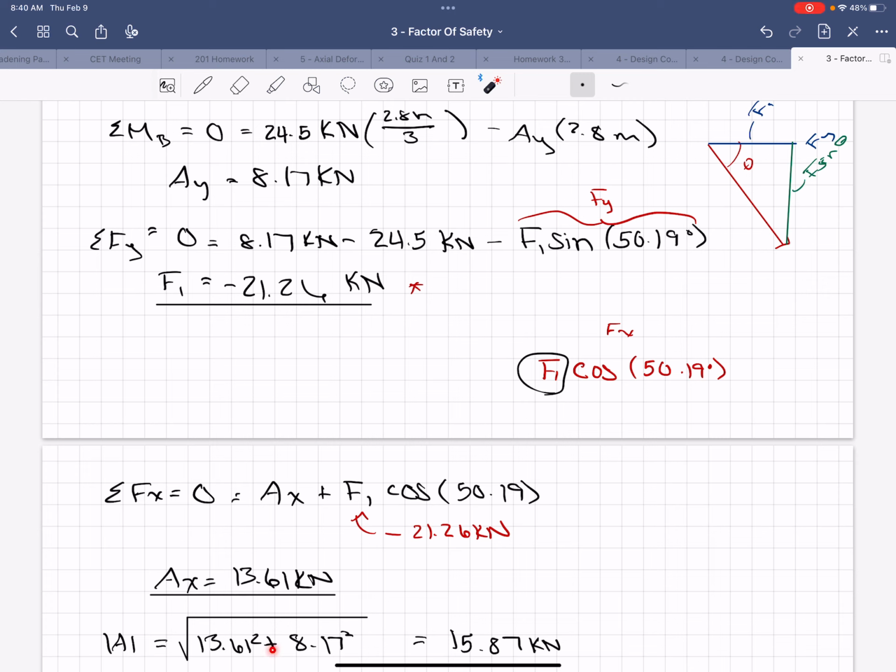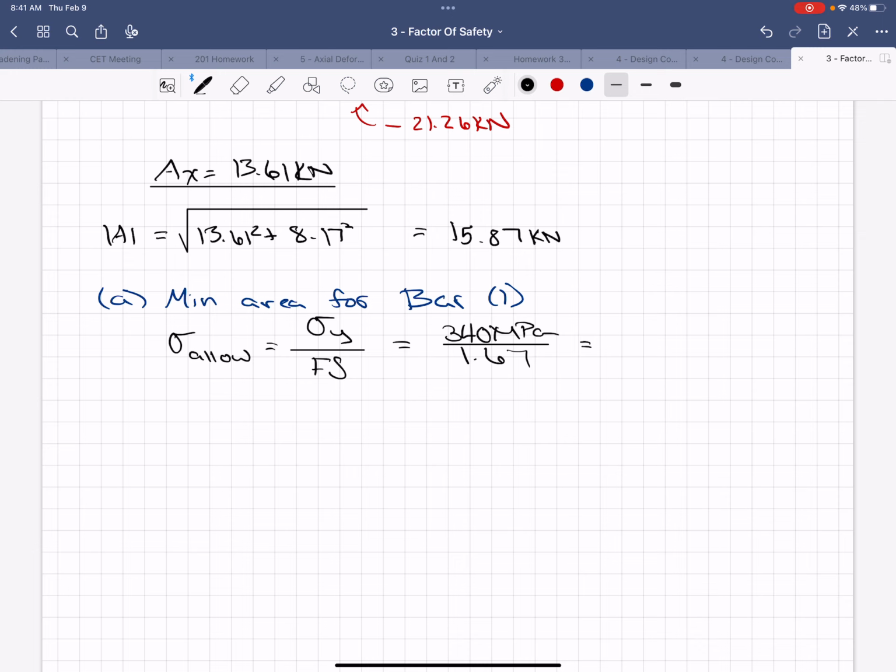So this equals 340 megapascals all over 1.67, and we get 203.59 megapascals. This is our allowable stress, so that's what we'll be using.